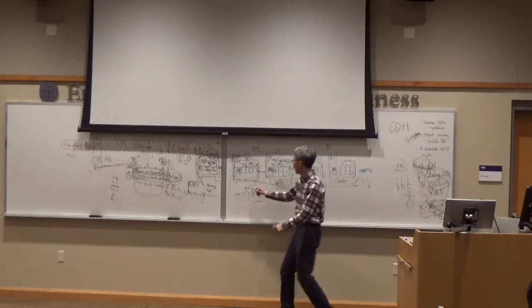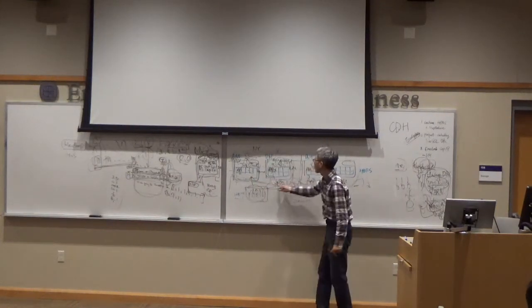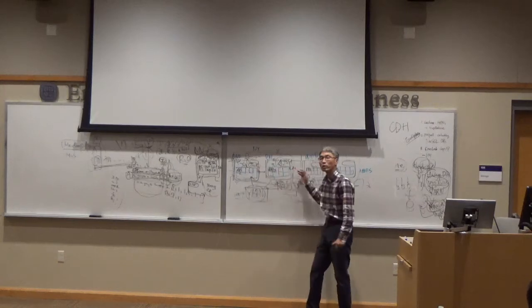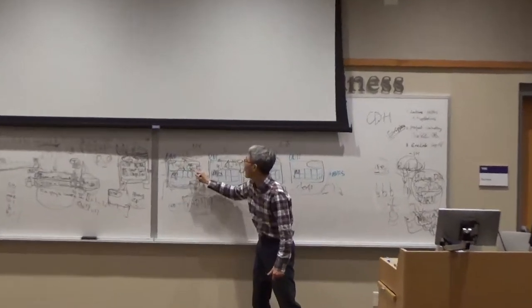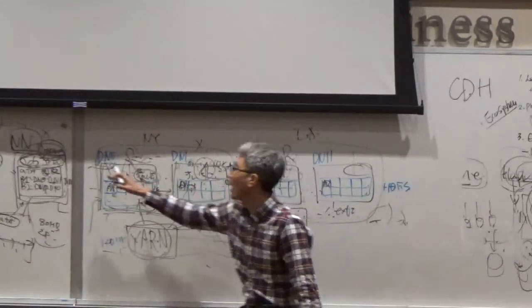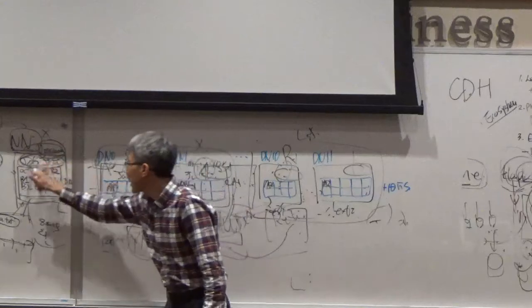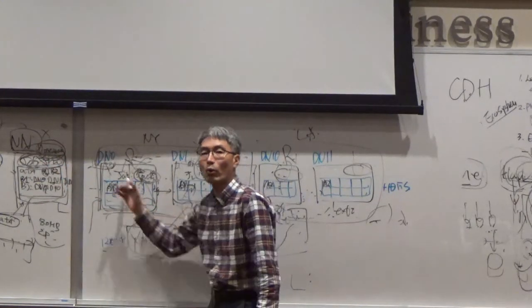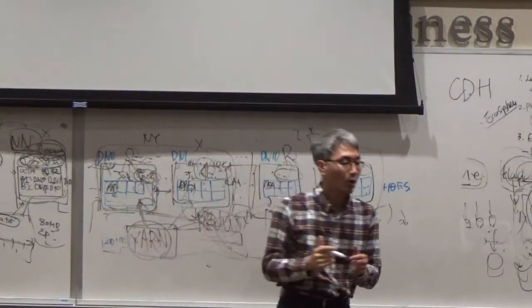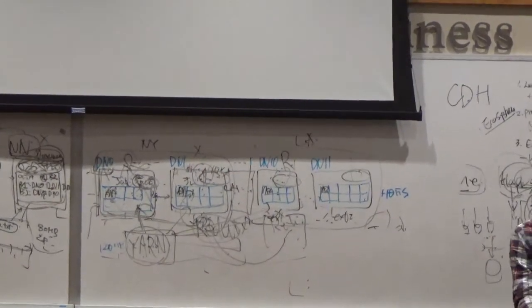So YARN is connecting and assigns the process based on resource monitoring. Instead of the job tracker, YARN creates its own processes to monitor and process. We will see the details of that.